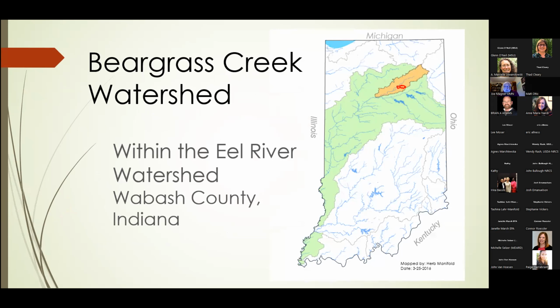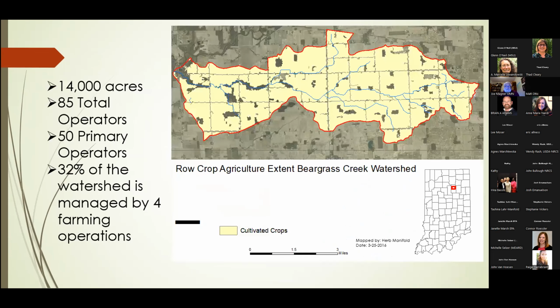But again, I've been working with agricultural systems throughout the upper Midwest, and so the drainage system here was a little bit different than what I was used to seeing, but nevertheless, the kinds of practices that were applied in terms of corn and soybeans, the type of acres, as you can see, again, it's not a huge watershed.